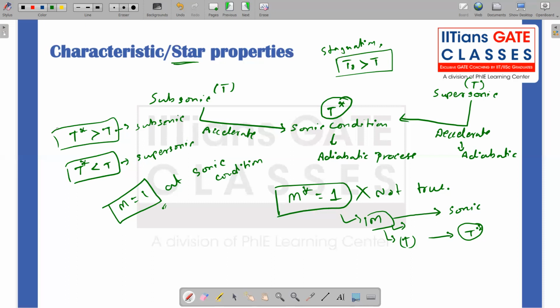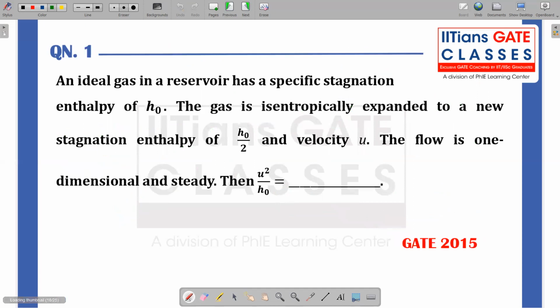Oh, sorry, this is less for a subsonic flow, whereas it is greater for supersonic, because we are converting some of the dynamic energy into temperature, so it goes to higher values in supersonic. Okay, so this is again one more property which we can define similar to the stagnation property.